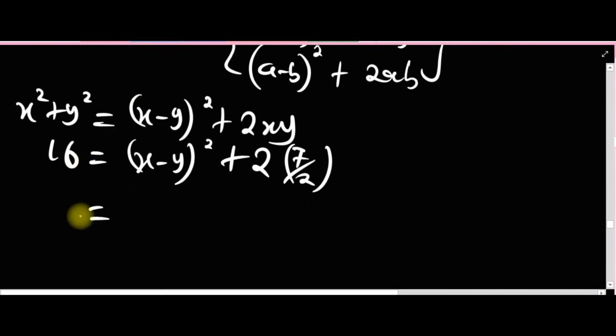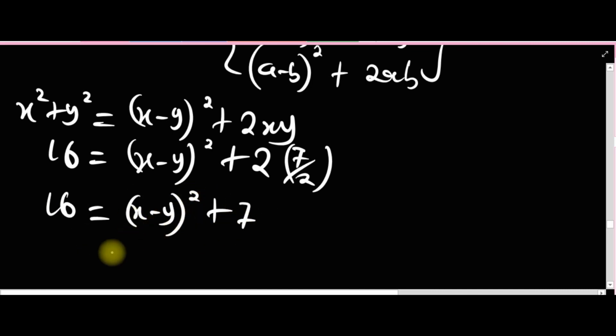So we have 16 here equals x minus y all squared plus 7. And this is x minus y all squared. 16 minus 7 is 9.